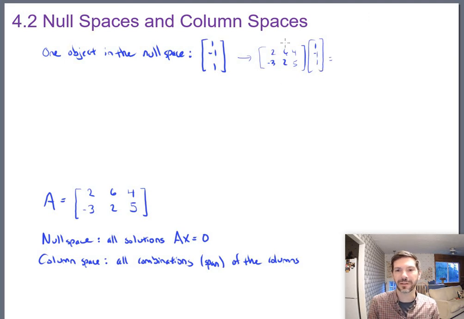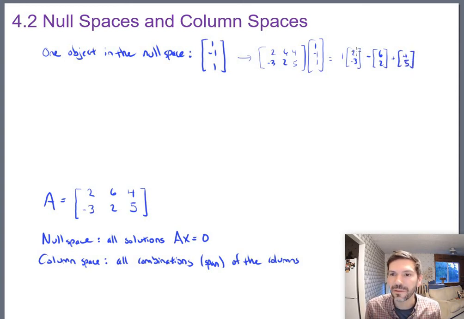Again, we know multiplying a vector by a matrix just means one of the first column minus one of the second column plus one of the third column. And let's see how that works out. That'd be 2 minus 6 plus 4, so that equals 0. And that'd be negative 3 minus 2 is negative 5 plus 5 is 0. Okay, so there's sort of the proof that this is in the null space. You multiply it by A, you get the 0 vector as a result.